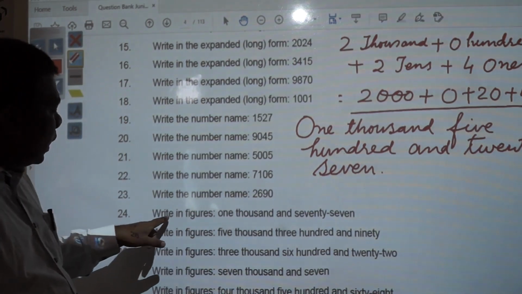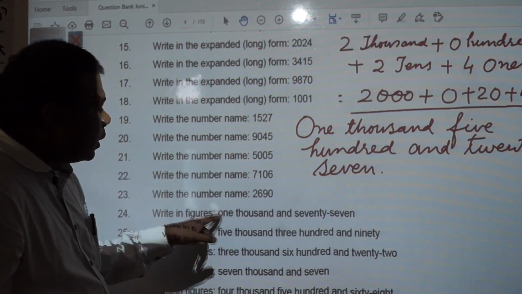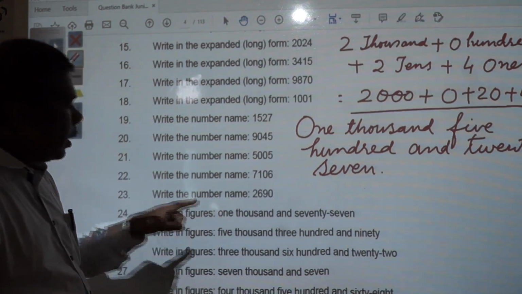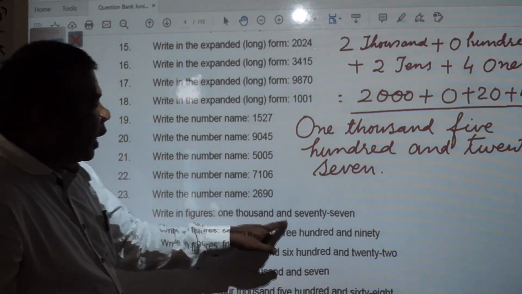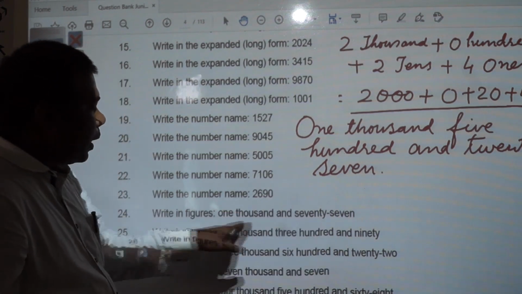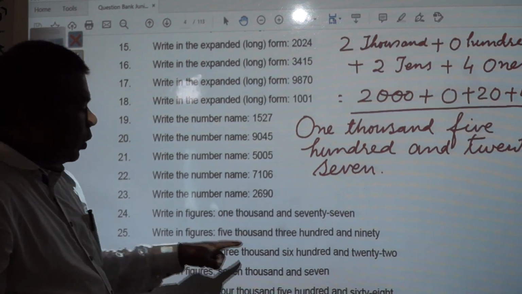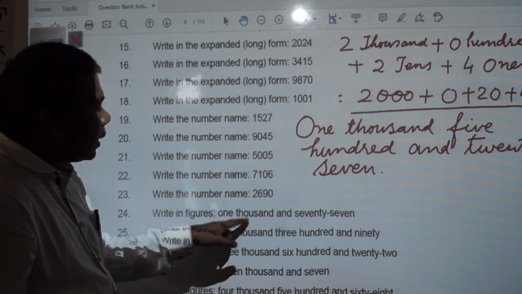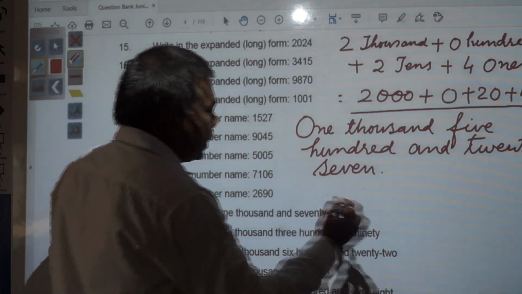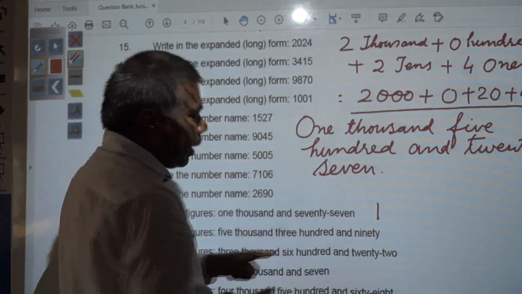Next you have writing figures. Here these numbers are in words. You need to write them in figures. These are all the same questions. One I am solving for you, and the rest of the questions you need to solve yourself. Here you see 1000 I have written and 77.